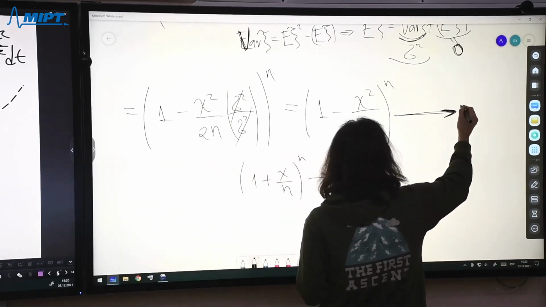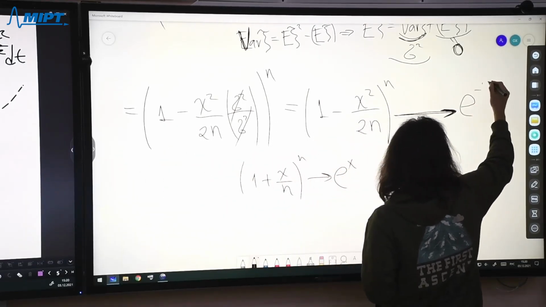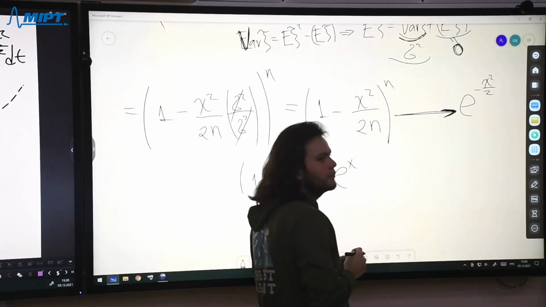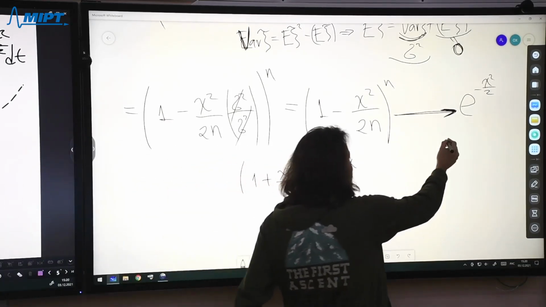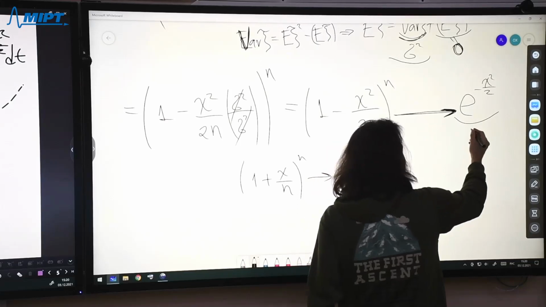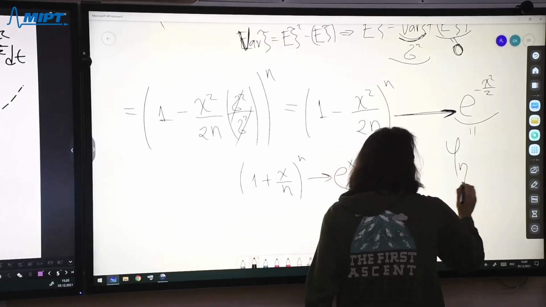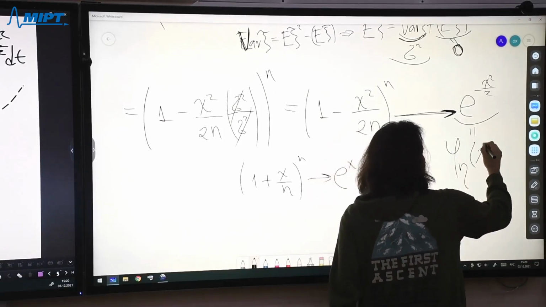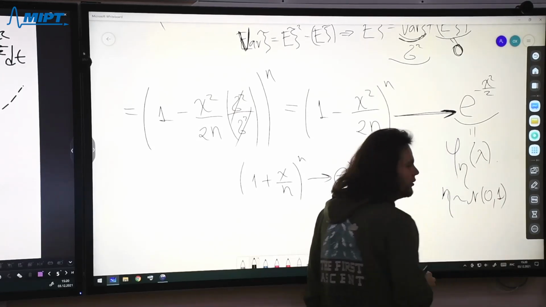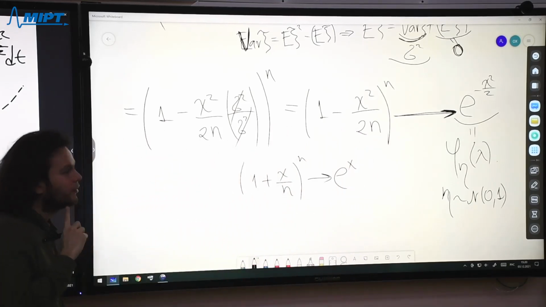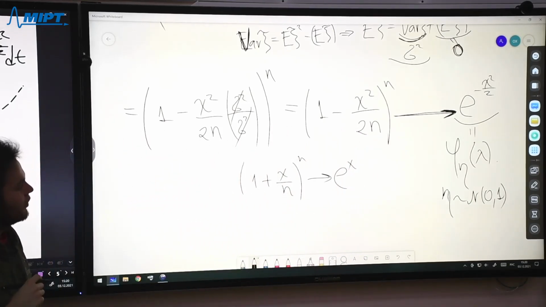So this tends to e to the minus x squared over 2. And e to the minus x squared over 2, we haven't done that, but this is the characteristic function of some random variable eta, such that eta has normal distribution with parameters 0 and 1. And that's it.